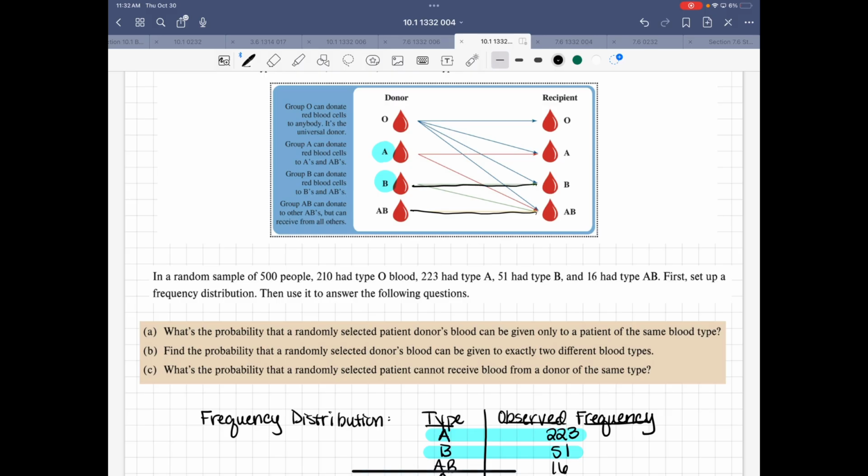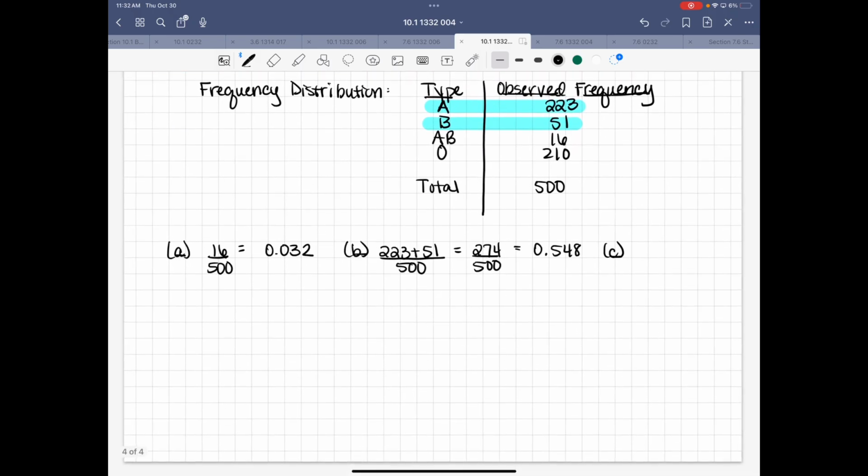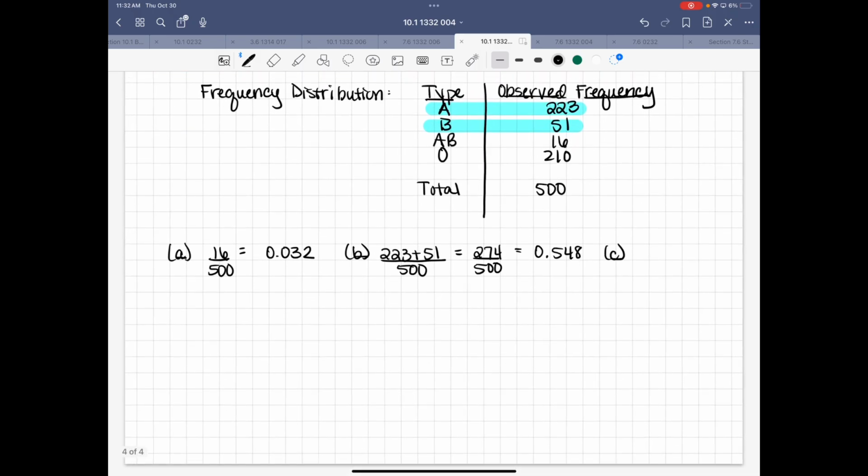Does A have a line coming from A? Yep. And poor little O, he only gets O. So what's the probability of that occurring? 0. Yeah, it's 0. You're not going to get anybody who can't get blood from somebody that has the same blood as them. Okay? That is the end of example 4.